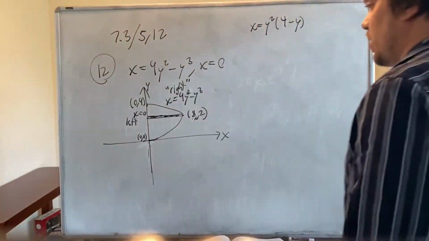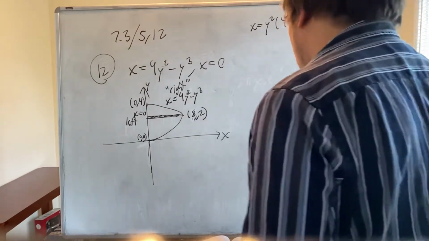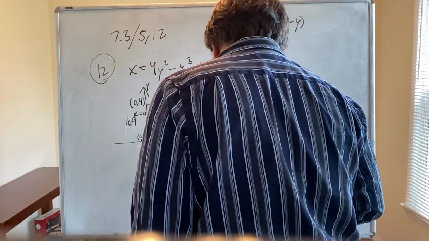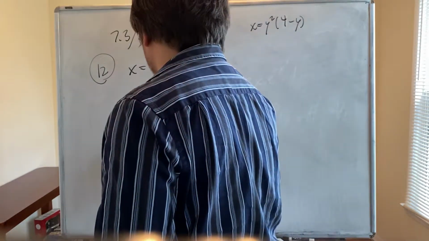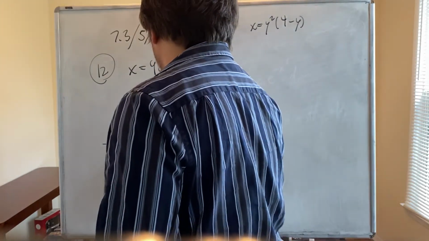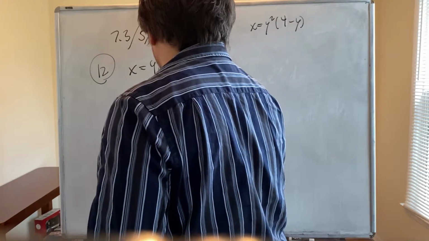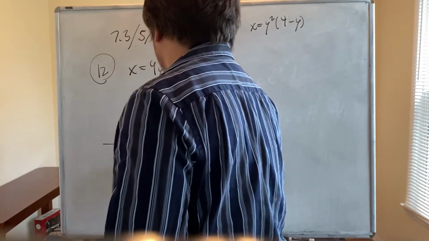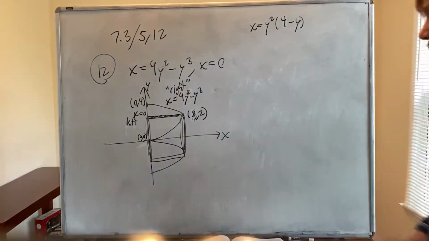We're rotating this about the x-axis. So we're going to take this region, rotate it about the x-axis, get this. And so the cylindrical shell is going to look like this. So that's our cylindrical shell.